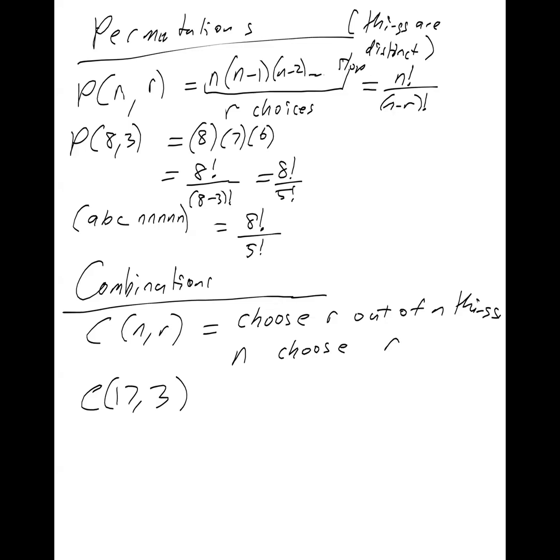How many ways are there to choose 3 people from a discrete math class of 17 people? I don't even know if this has 17 people. 1, 2, 3, 4, 5, 6, 7, 8, 9, 10, 11, 12, 13, 14, 16. Yeah, it does actually. I guess that was a Freudian slip. So 17 people. How many ways are there of choosing them out of the group?